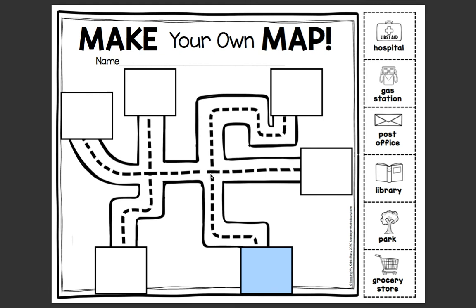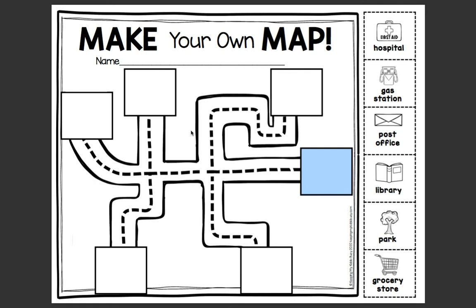Miss Horton's going to take a right on this road, and in this spot, Miss Horton's going to make it the post office. So if I handed you the map that I made, you could get on this road and you could get to the gas station, you could get to the grocery store, you could get to my library, you could get to my park, you could get to all different places just by using my map.